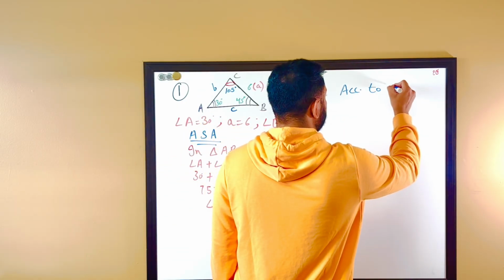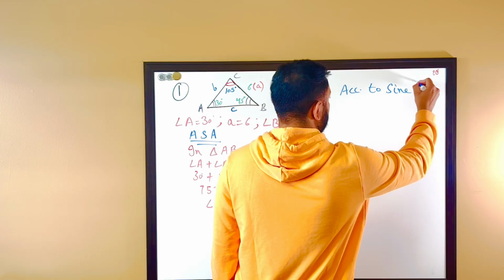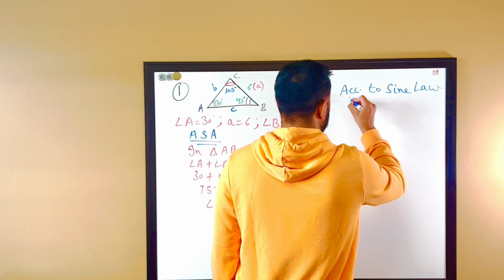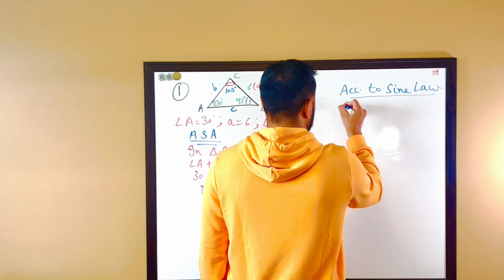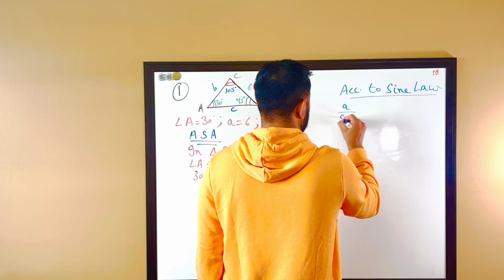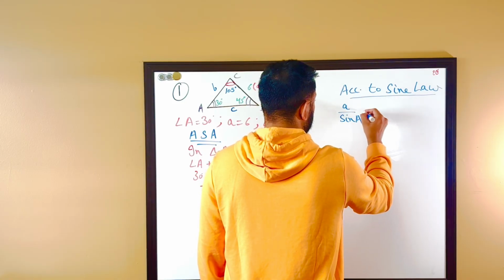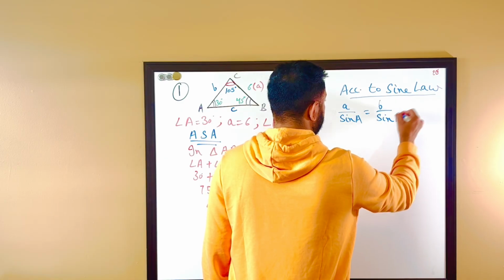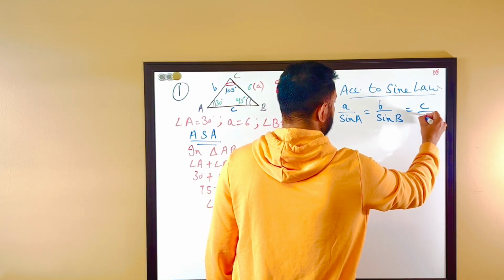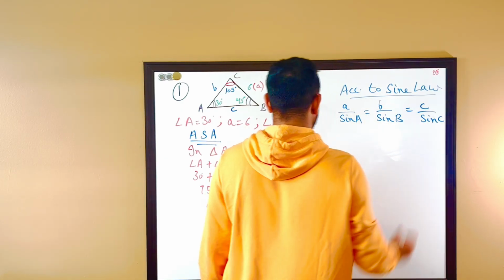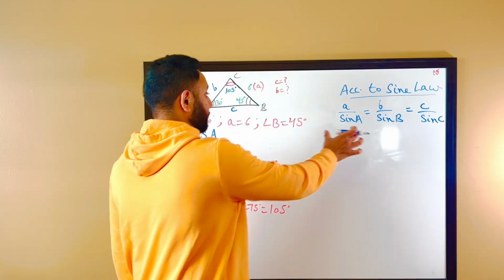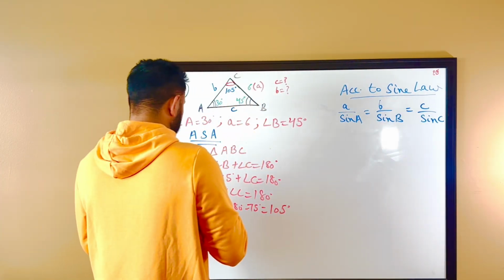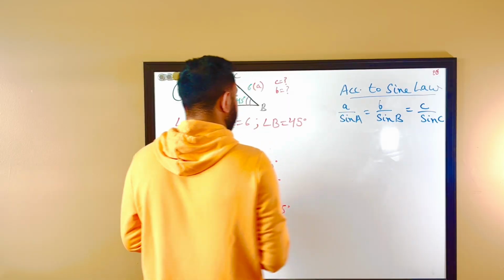So according to the law of sines, a over sine A equals b over sine B. So we can use any two of the ratios. I'm going to choose the first two.